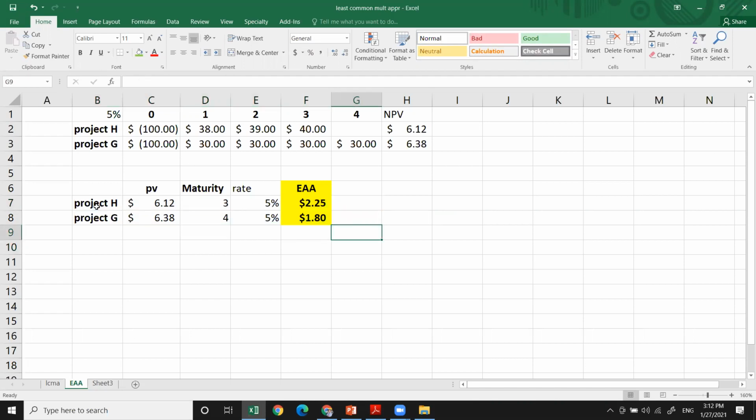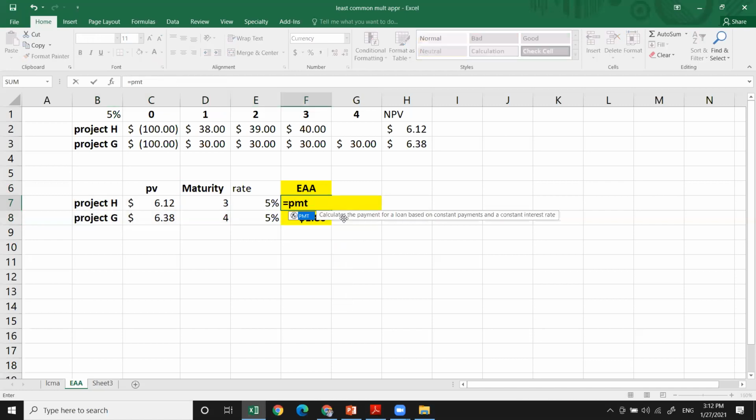Okay. Now, I just put this down: maturity, present value, and the rates, they're all given. Then I calculate the payments, PMT. I open the bracket, rate, number of periods, and present value amount, or NPV.